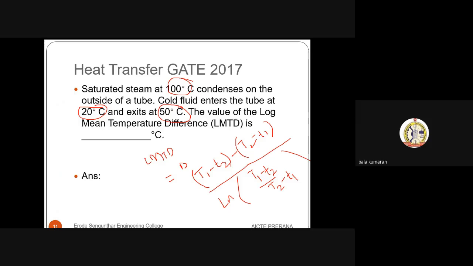Here capital T1 and T2 are the same, that is 100 degrees Celsius, and small t1 is 20 and t2 is 50 degrees Celsius. Just apply it and you will find the value for this.